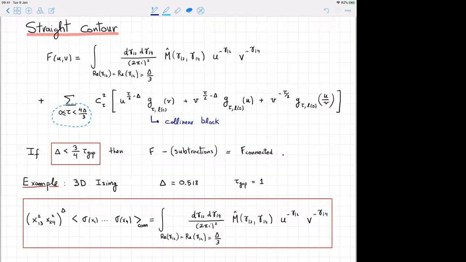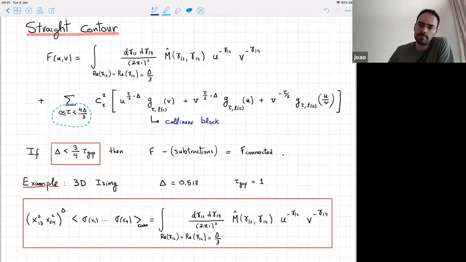But is there some way to see naturally whether this is a correct thing to do from a CFT, even without Mellin amplitudes? Like why we have to subtract things with the 4 delta over 3 gap? If there's no simple answer, it's okay, I'm just curious. Yeah, the 4 delta over 3 comes from, I guess I'm just giving you a technical answer. Perhaps you want something deeper, I don't know. This is the power you will get from an operator of twist tau.